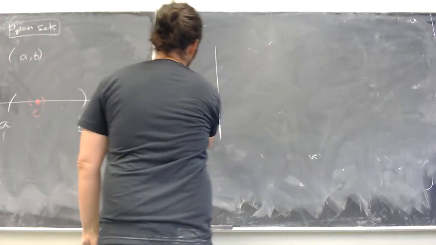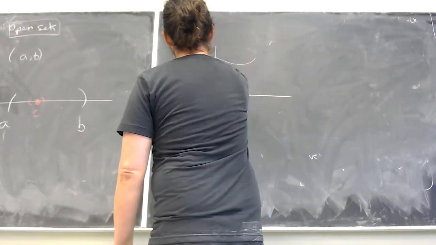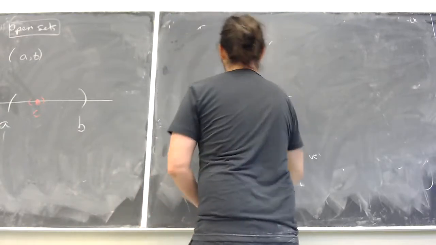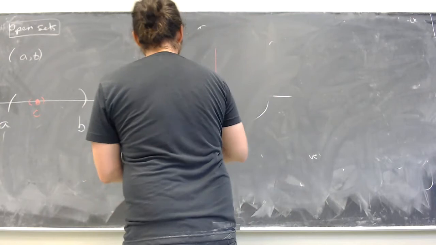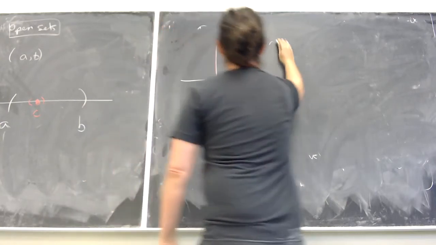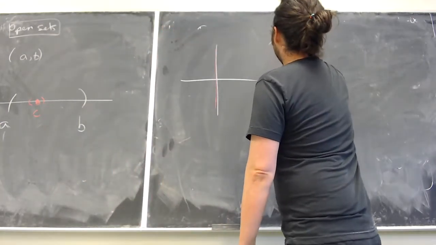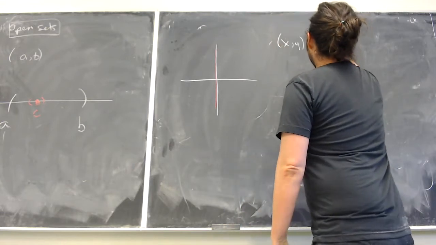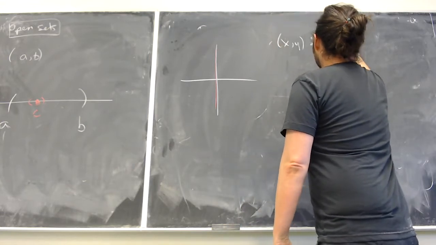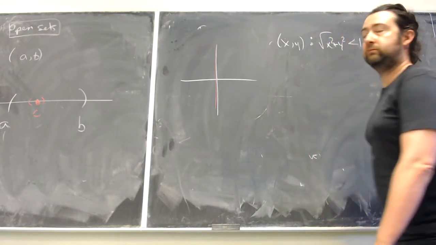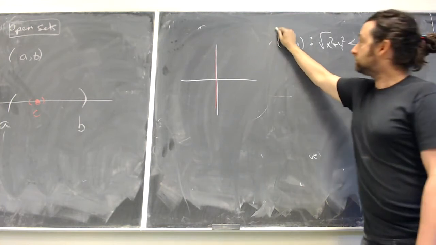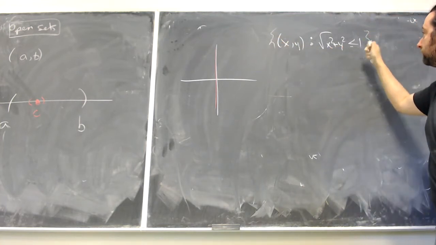In the two variable case, if you have some set, let's not do a stupid set. Let's actually do one here. So here, let's do the set of all points x and y with the property that x squared plus y squared is less than or equal to 1.